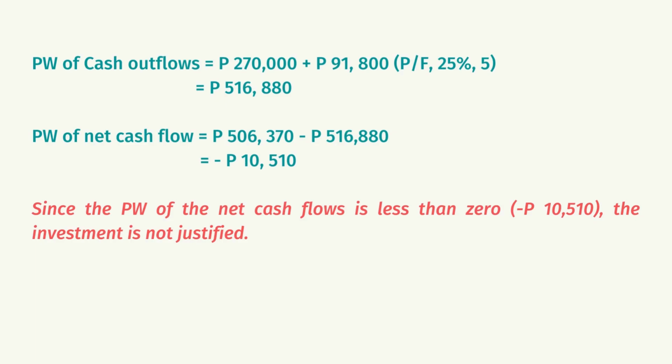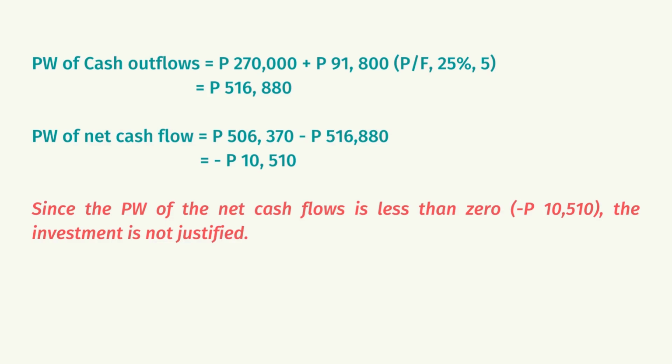We just have to subtract cash inflow minus cash outflow. Since the cash outflow is greater than the cash inflow, it is in excess of 10,510 pesos. Since the present worth of the net cash flows is less than zero, negative 10,510 to be exact, the investment is not justified.